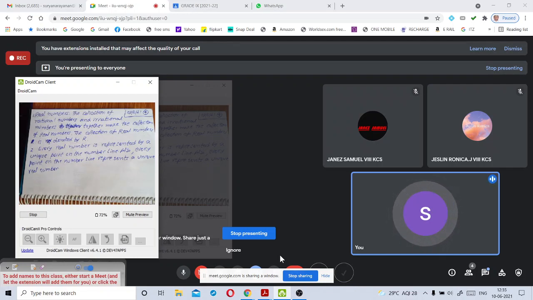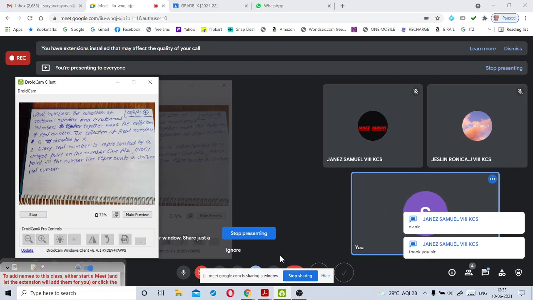In that case only, the number is said to be a rational number. Otherwise, it is not a rational number. Root 2. Root 5.